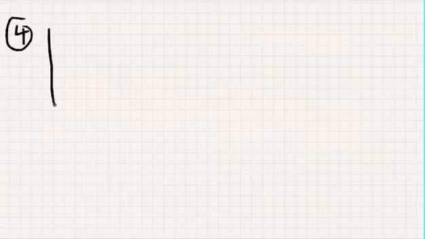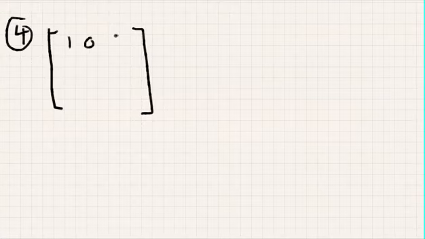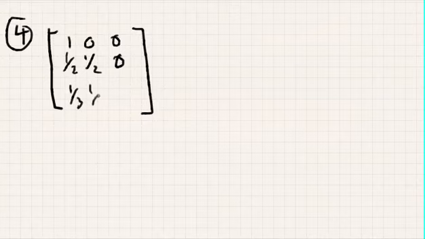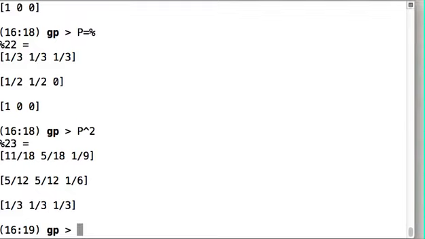Let's look at a similar looking one. It's basically the same matrix, except I'm putting 1, 0, 0 on top, 1/2, 1/2, 0 next, and 1/3, 1/3, 1/3 on the bottom. So let's see what happens there. Again, going back to my little calculator.